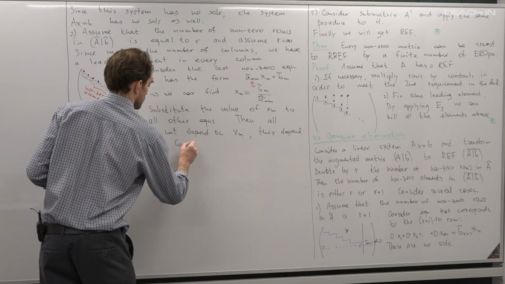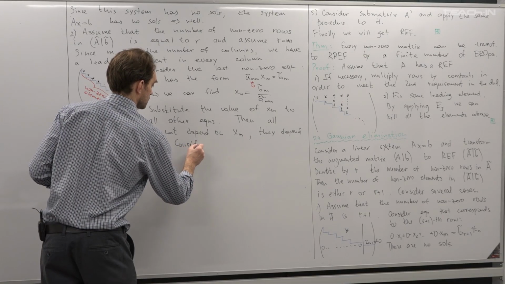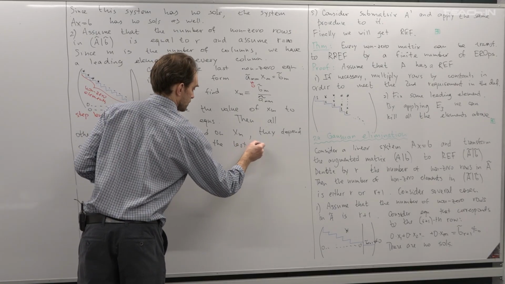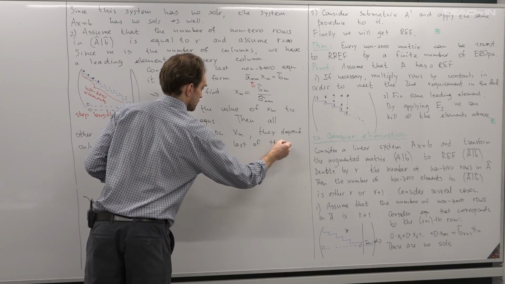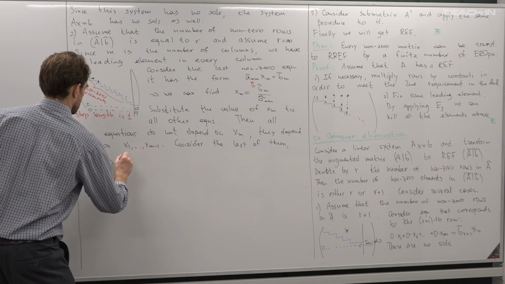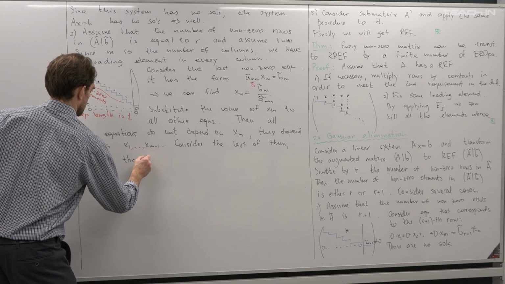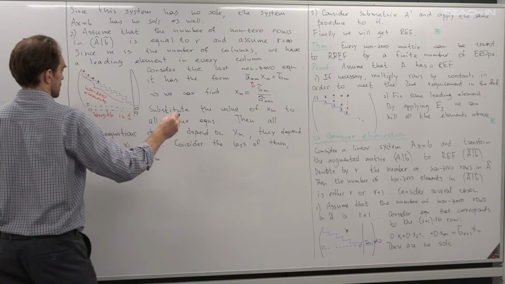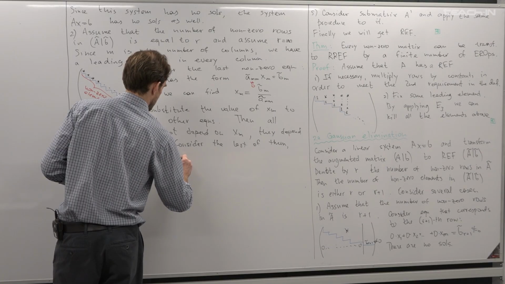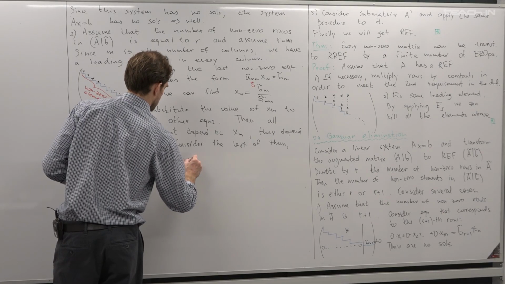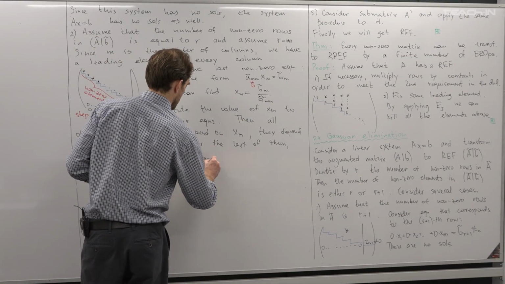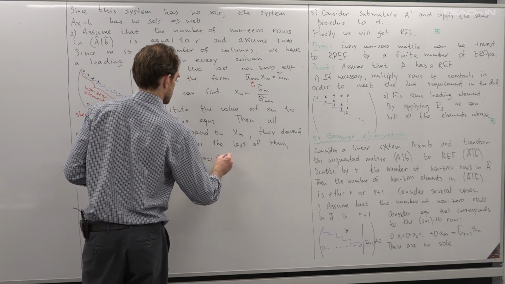So consider the last of them. It has the form a tilde m minus 1 times x m minus 1 equals something.